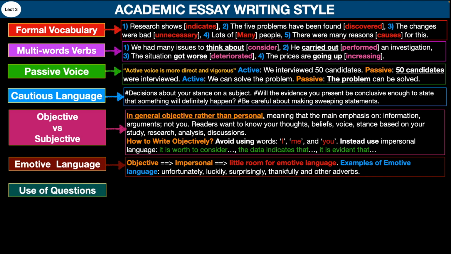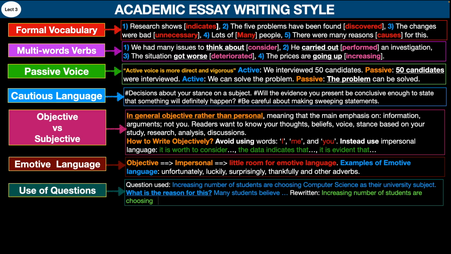Okay, the next one is use of questions. We can see that sometimes people use questions for introducing a topic or a subject, and this is not acceptable in academic writing. You can find it maybe when you read a newspaper article or a blog. They use this kind of language, but not in academic writing. We can see this example here.